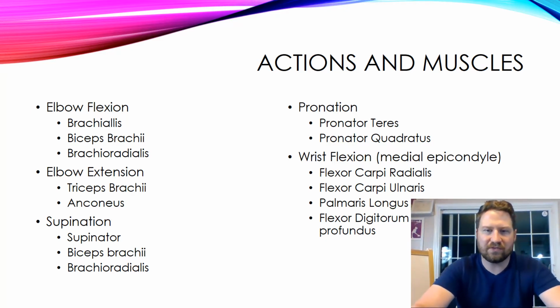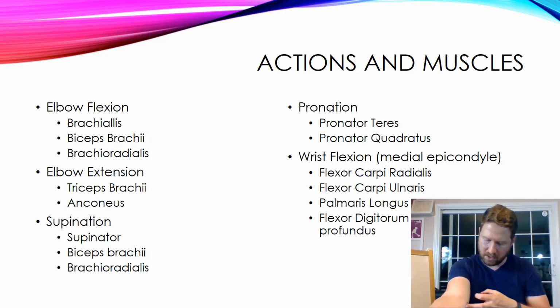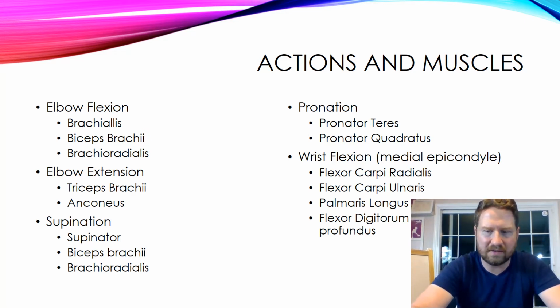Okay? Wrist flexion, we're going to cover this now, but we're going to talk about the wrist later on. Wrist flexion on the medial epicondyle is going to be that common flexor tendon, right there, common flexor tendon for your flexor carpi radialis, flexor carpi ulnaris, your palmaris longus, and then your flexor digitorum superficialis.